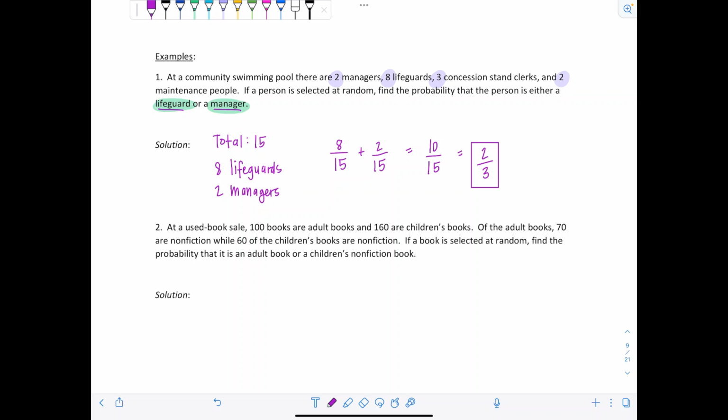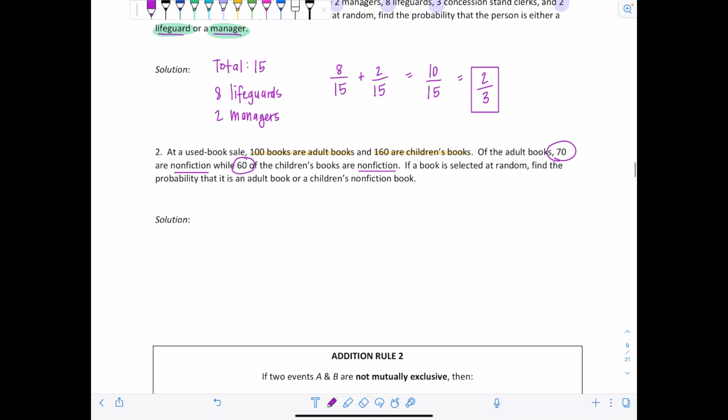At a used book sale, 100 books are adult books and 160 are children's books. Of the adult books, 70 are nonfiction, while 60 of the children's books are nonfiction. If a book is selected at random, find the probability that it is an adult book or a children's nonfiction book.